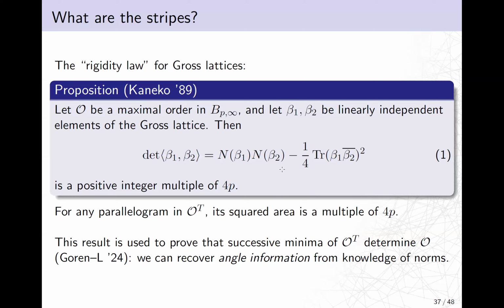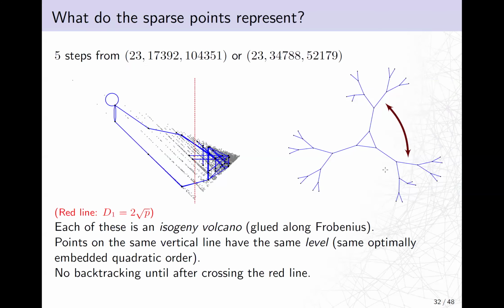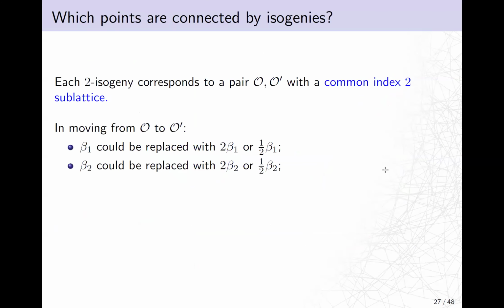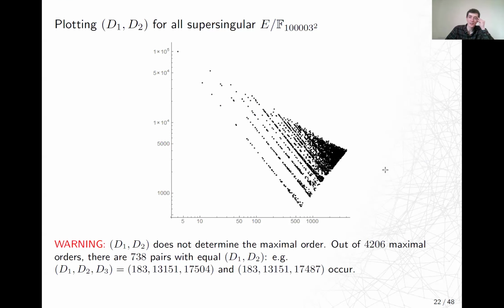But Jonathan, you said that the exceptions where D1 and D2 don't classify the order are rare. Do you know whether you can quantify how many collisions you get when you forget D3? Yeah, so they're not actually that rare. Like I said they were rare, but they really aren't.